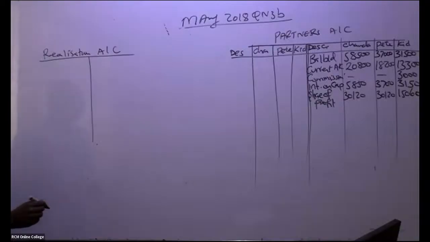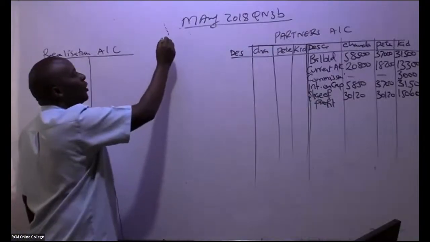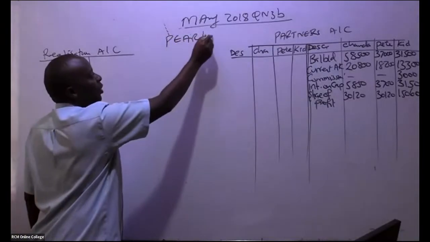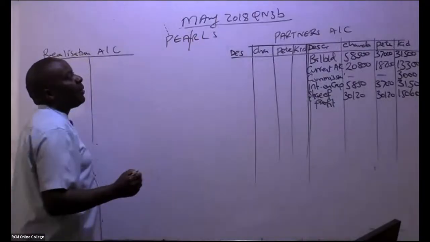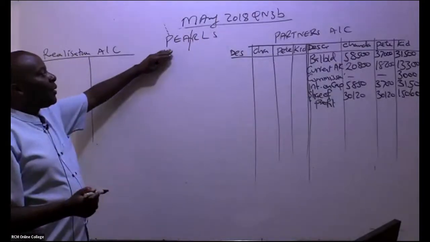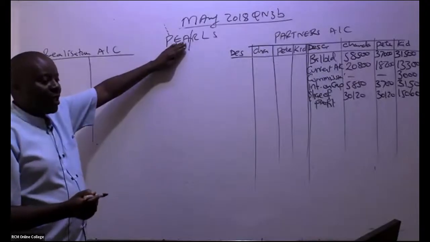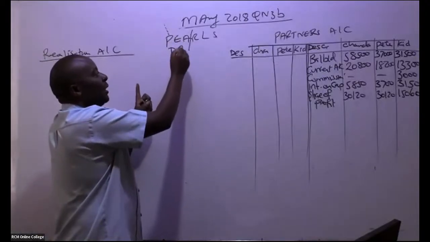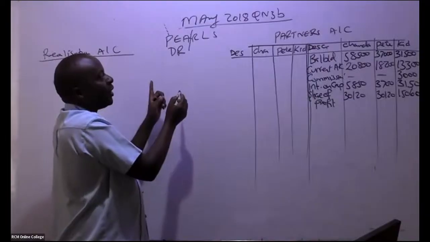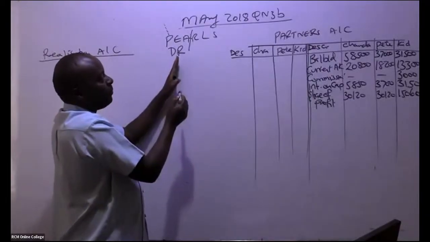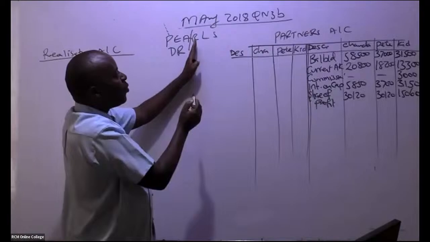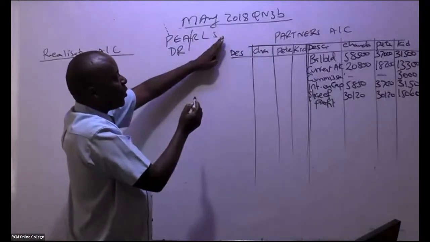Now, ladies and gentlemen, basically remember the concept of pairs. If you remember very well, pairs: we are saying purchases, expenses, assets. The 3 shall always be debited. Then we have in this case here revenue, liabilities, and the share capital.